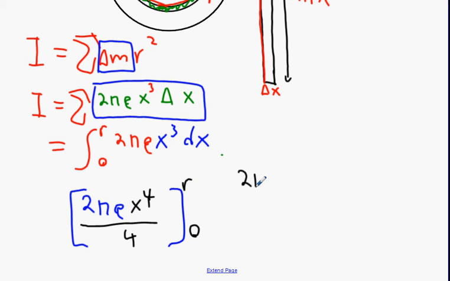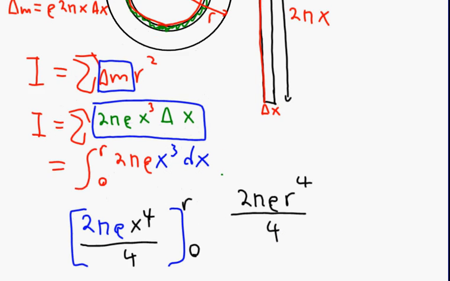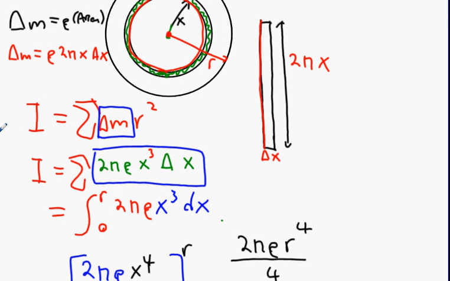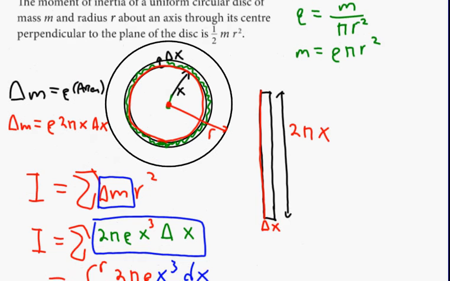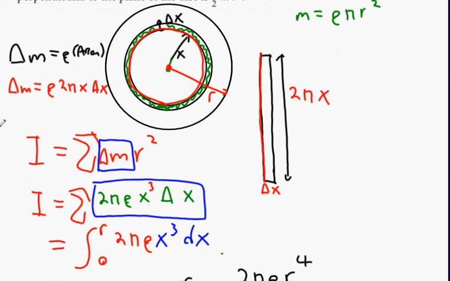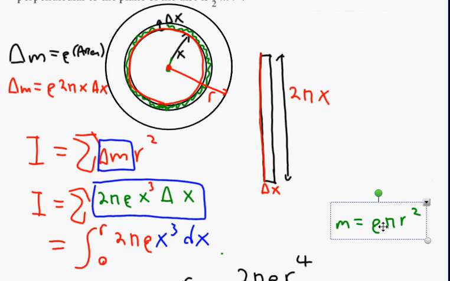which is simply going to give me 2 pi rho r to the power of 4 all over 4. What do you need to get rid of? Rho. Where are you? We have, at the very top, mass equals rho pi r squared.